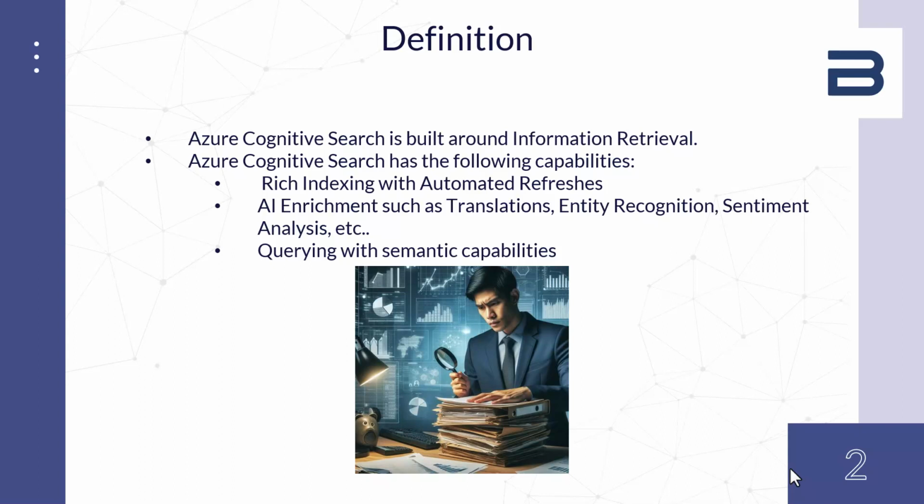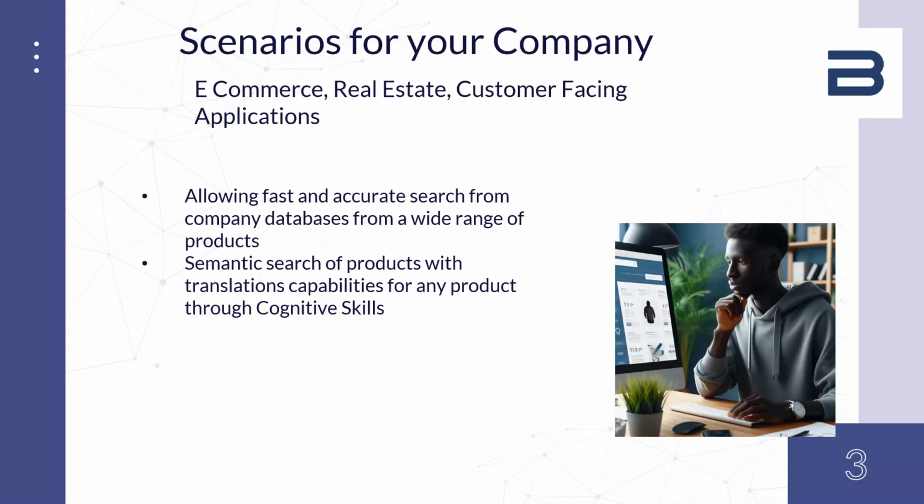And then you can query with semantic capabilities, which adds language understanding to your search results. There's a ranking mechanism behind the scenes that ranks the results from the most relevant to the least relevant. So what does it mean to your company?